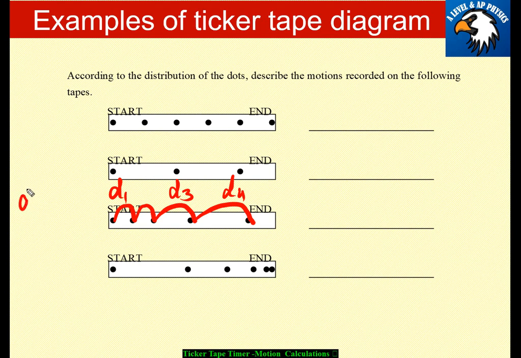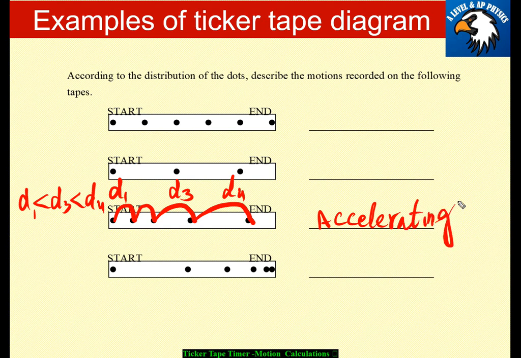As d1 is smaller than d3 and this is also smaller than d4, the distance is increasing but the time taken is the same, because the time interval between any two dots is the same. As time is the same but the distance is increasing, we can simply say that our body is moving faster, is getting faster, or we can say the body is accelerating.